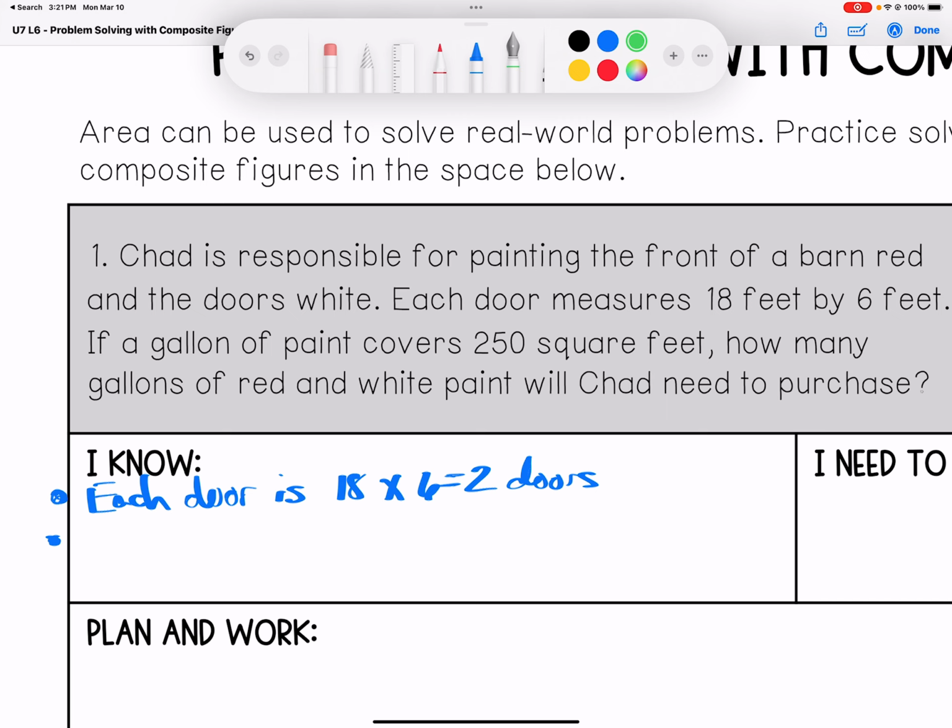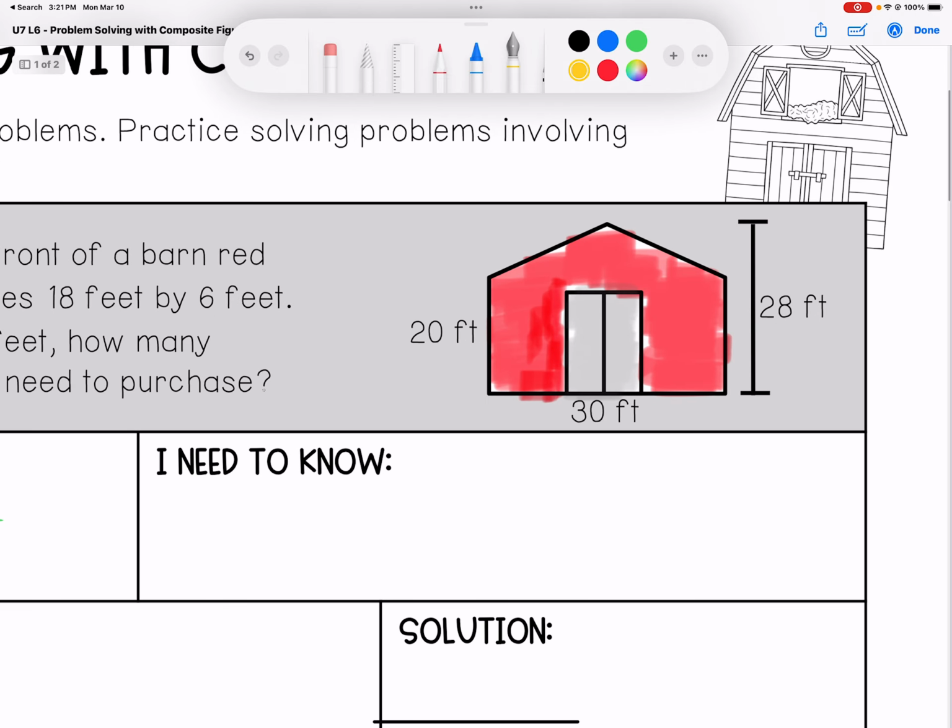Another thing that I know is that a gallon of paint covers 250 square feet. Next thing I know. All right, what else do I know? We're going to have to think about this one.